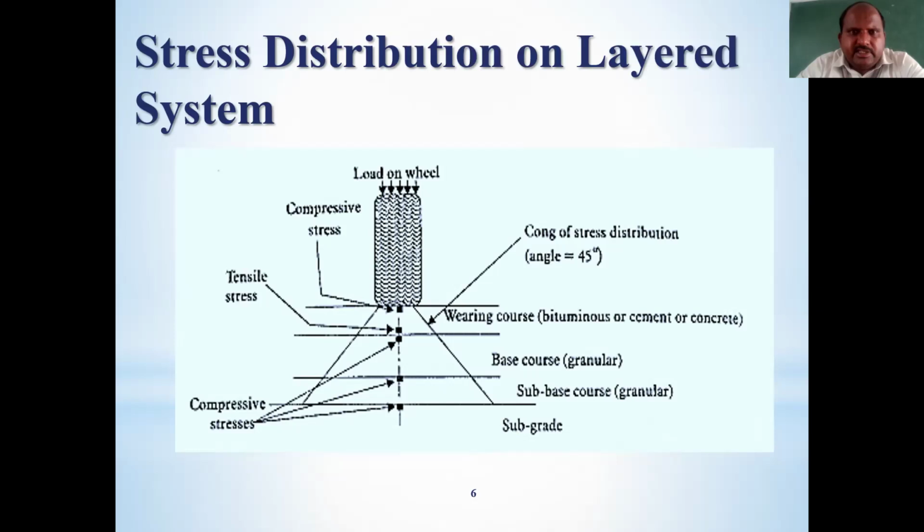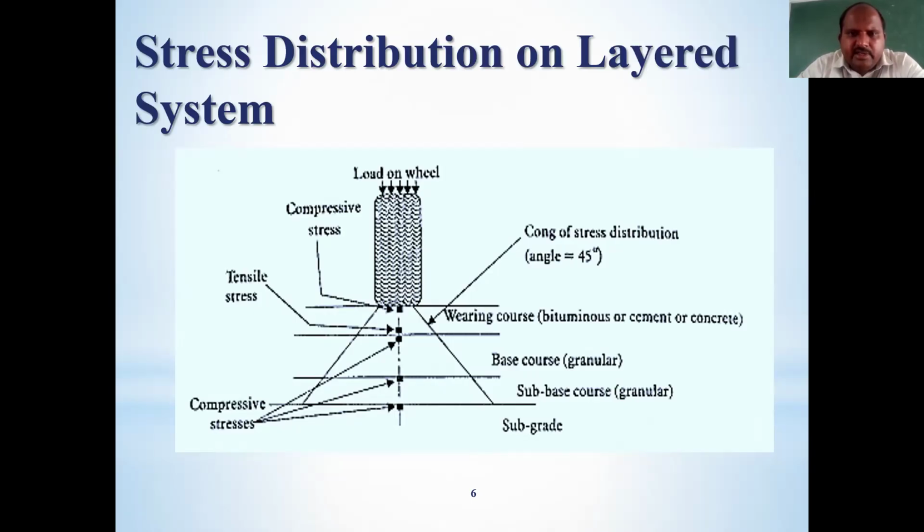Next one is stress distribution on the layered system. In that layered system, we are having a lot of layers in a flexible pavement. The first one is subgrade, which extends below 500 mm in any layered system. After that, we are using a subbase, that is granular material, and also we are providing a base course, that is granular material.